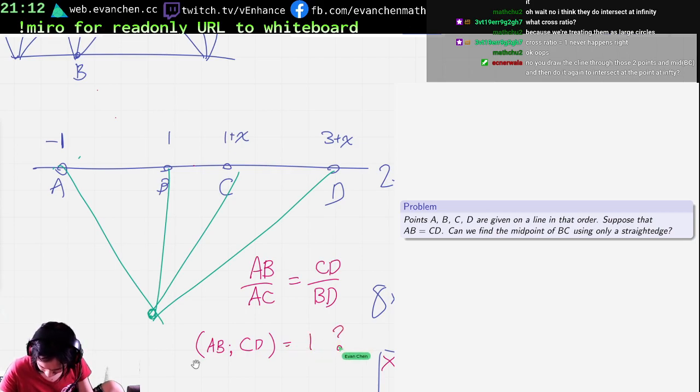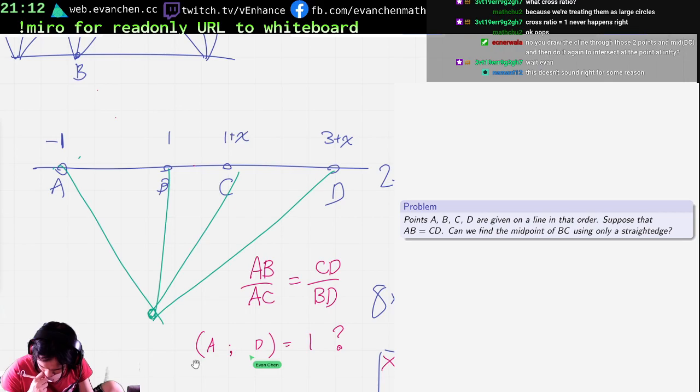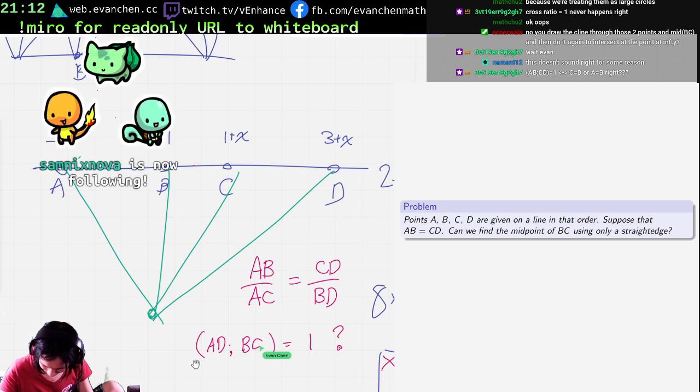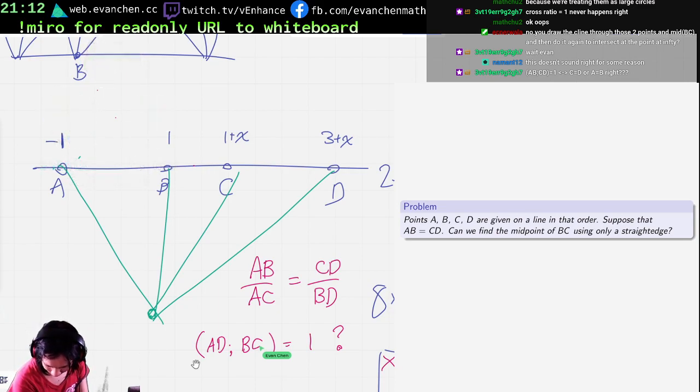I feel like I'm messing something up. That doesn't look right at all to me. DC, or... hang on. Yeah, that's what I thought. I thought cross ratio 1 meant that two of the points were equal.